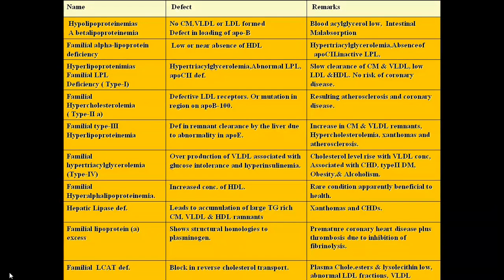This enzyme is available on the surface of the nascent HDL particle and converts free cholesterol into cholesterol esters. If this enzyme is deficient, reverse cholesterol transport is blocked. Plasma cholesterol esters and lysolecithin levels become low, and abnormal LDL and VLDL fractions are raised.